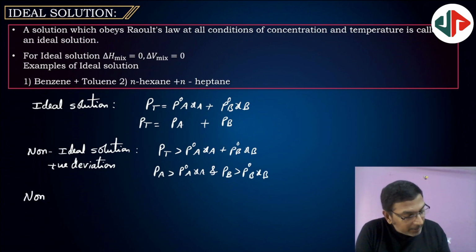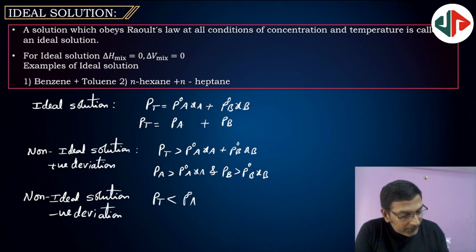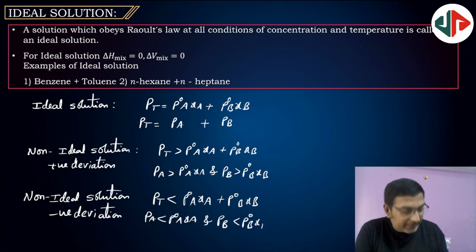Next, similarly, non-ideal solution which is showing negative deviation. P total less than P naught A XA plus P naught B XB, or PA less than P naught A XA and PB less than P naught B XB.